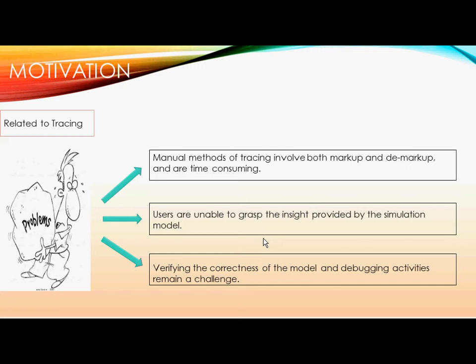The third point relates to basically the first two points: simulation models are often quite complicated. They involve a lot of factors, and that is the reason why, without a trace log, it's very difficult to verify the correctness of the model, because we don't know what exactly is going on behind the scenes. We know what we have built, but we don't know if our building mechanism is working as we wanted or not.